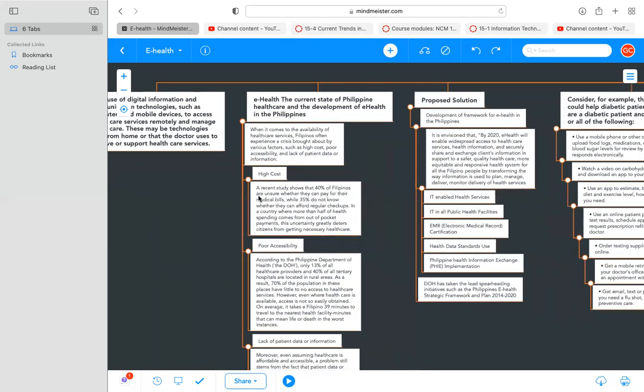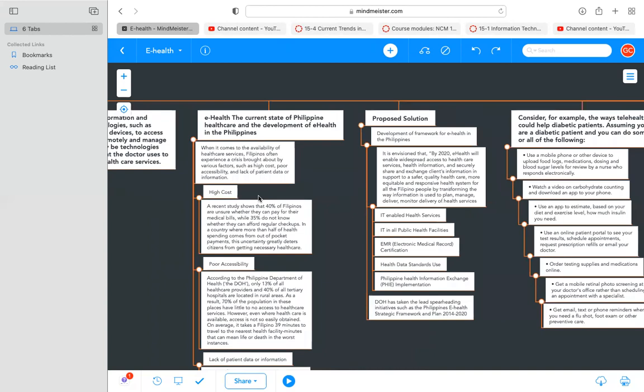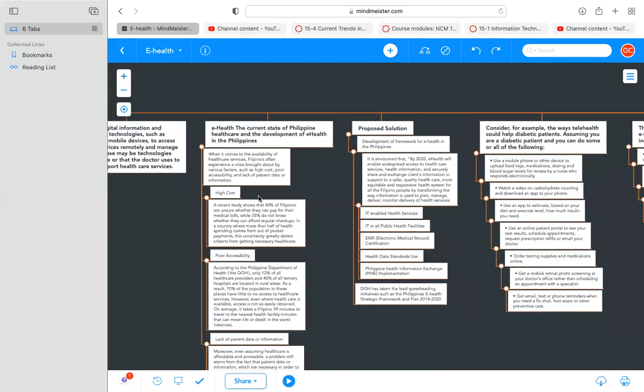Now, in the Philippines, the current state of e-health and its development has been studied.